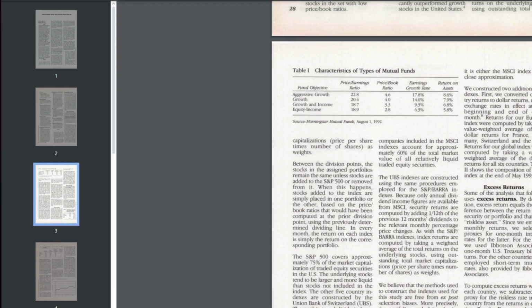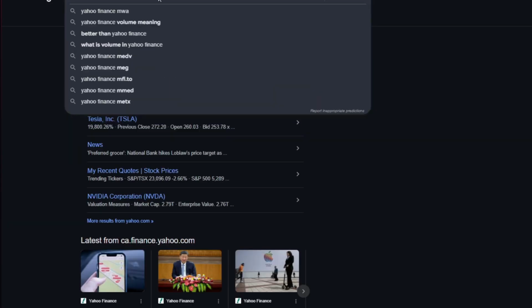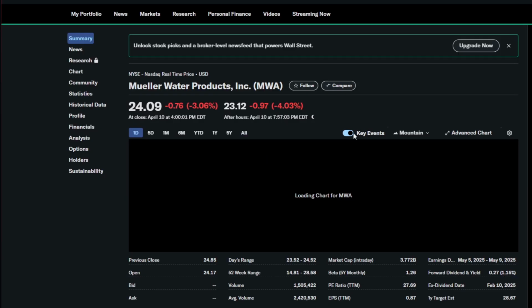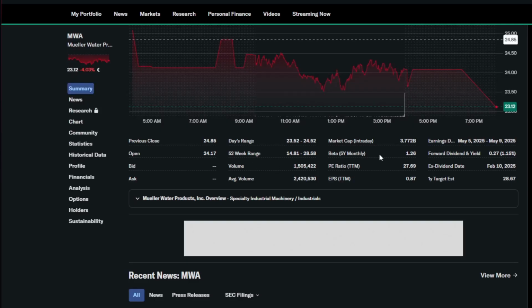Do you know if there are tools that measure this, like price to book? Oh, for sure. Like every website. Oh, really? Because I know there's price to earnings, but this is the first time I've heard of price to book.